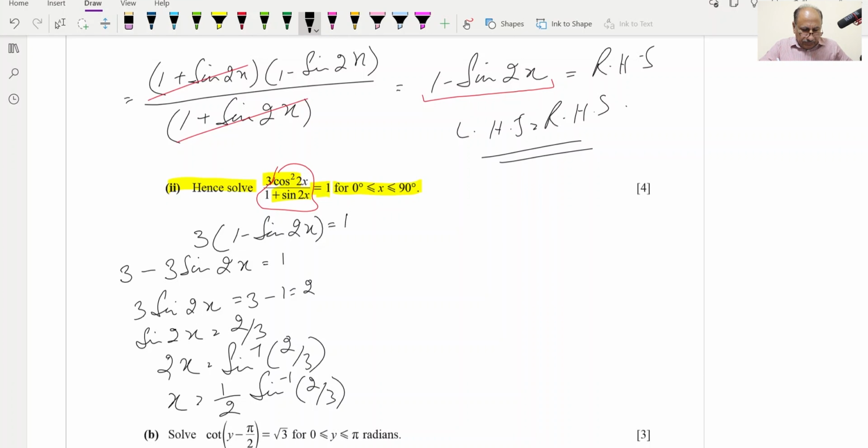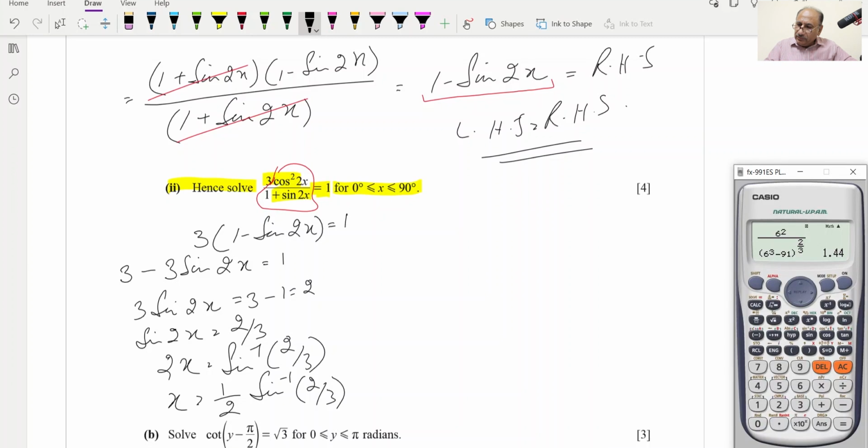Now we got this equation, x is equal to 1 by 2 sine inverse of 2 by 3. For the angle, we can check sine inverse of 2 over 3.